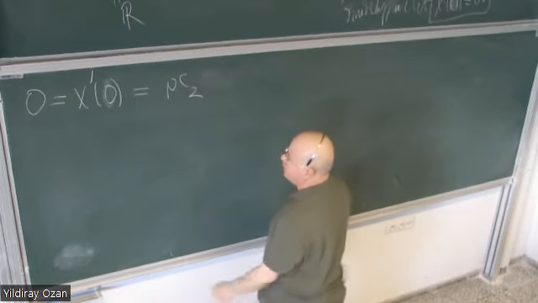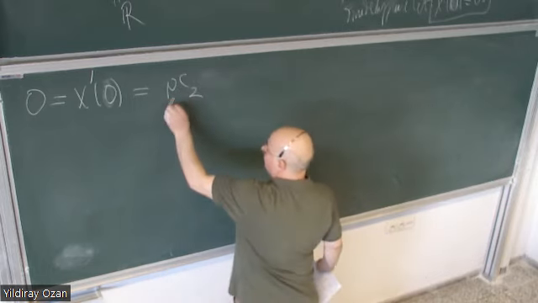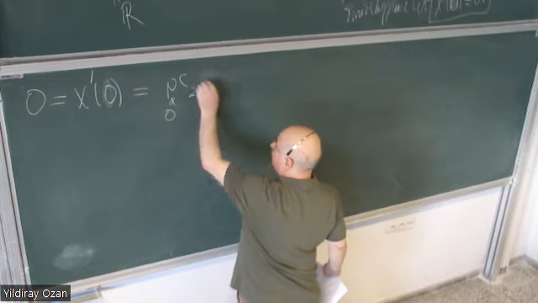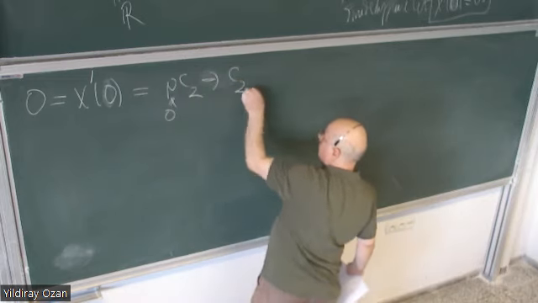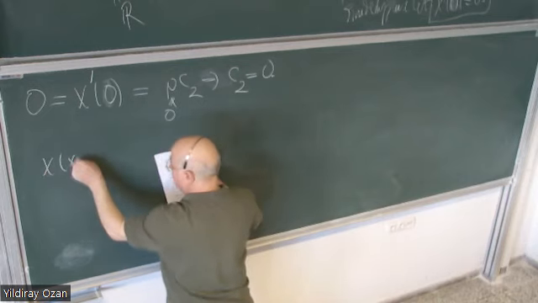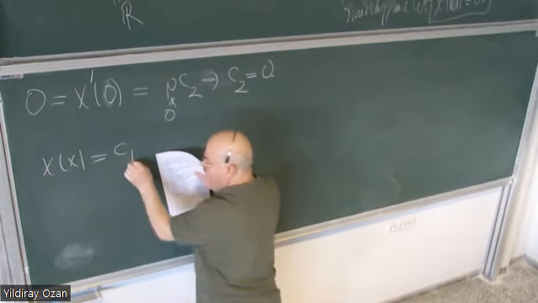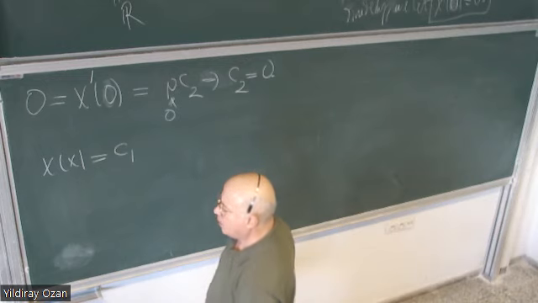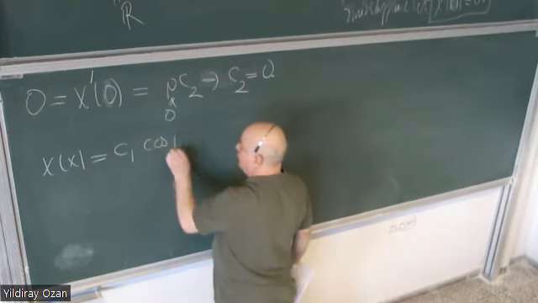So we get this. Mu is not 0, of course. Therefore, we see that C2 is 0. Therefore, x of x is just C1 times cosine mu x.